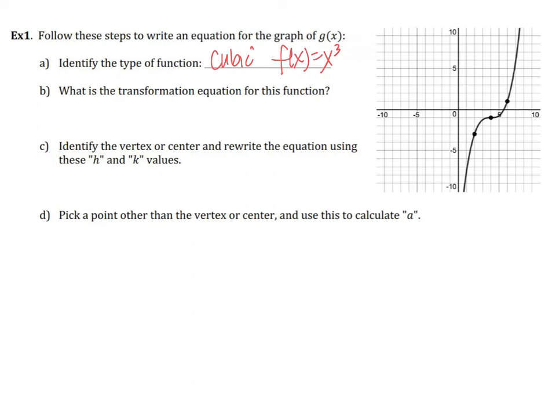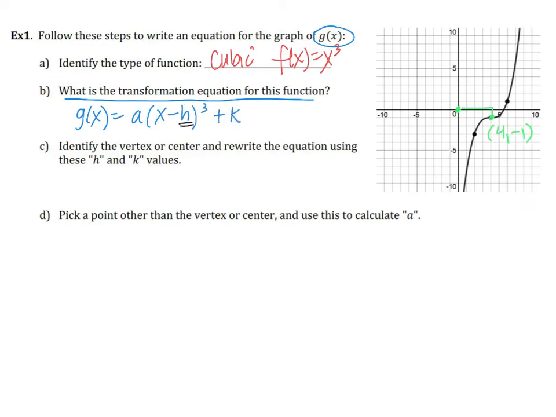Then you say to yourself, okay, my center is usually at 0, 0, but instead it got moved to the right 4 and down 1. So my new center is to the right 4 and down 1. How does that get impacted in your transformation equation? In the transformation equation for g of x, you have your stretch value a, which we're trying to find, and you have your center values h and k.